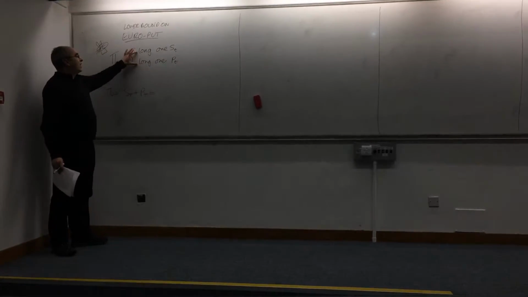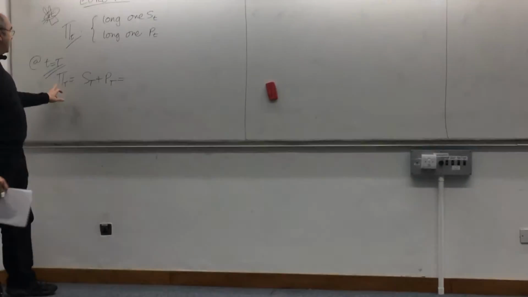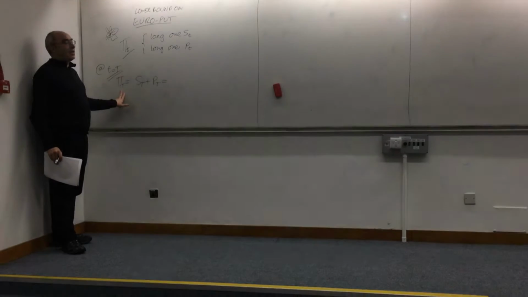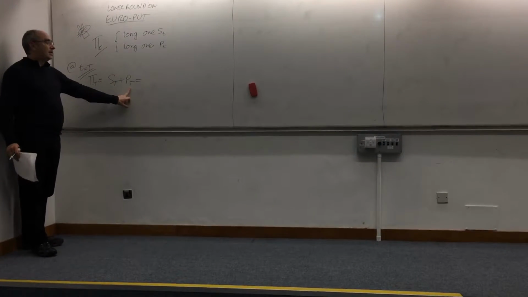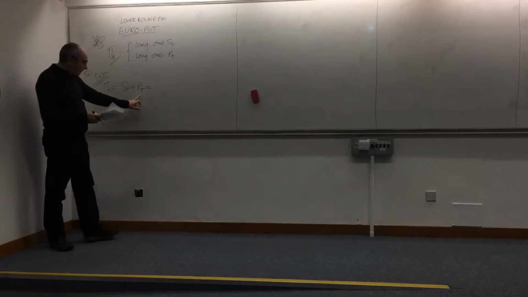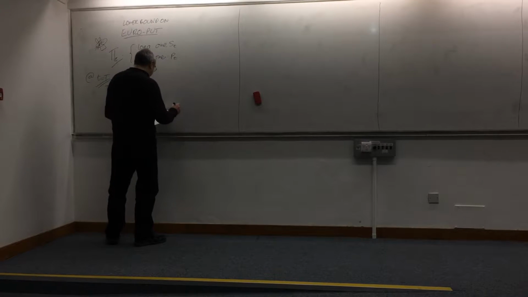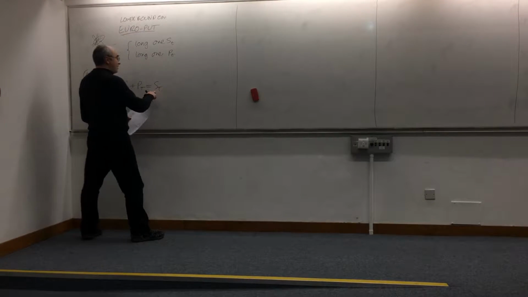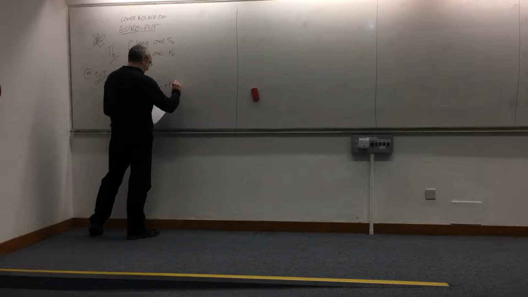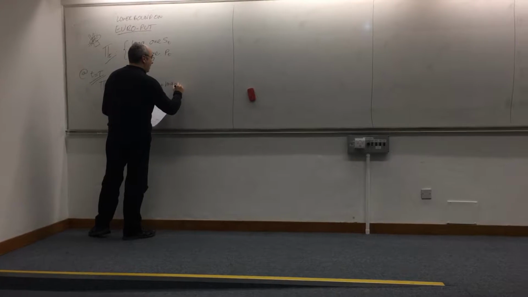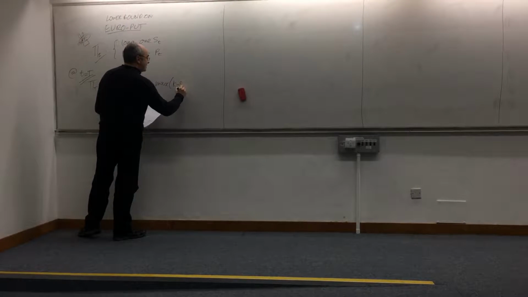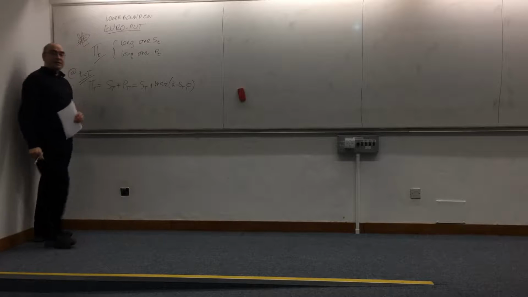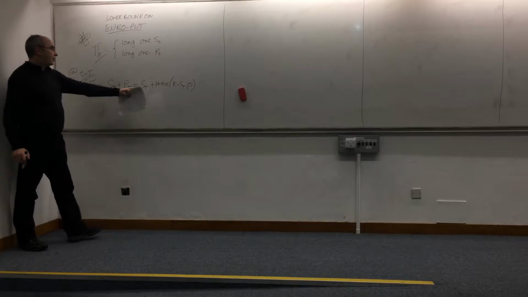Put option, so we hold both the share and the put option, and then at expiry, the value of that portfolio is the value of the share plus the value of the put option. So that equals, of course, the share value plus the max of K minus S_T and 0. That's the value of the put option.